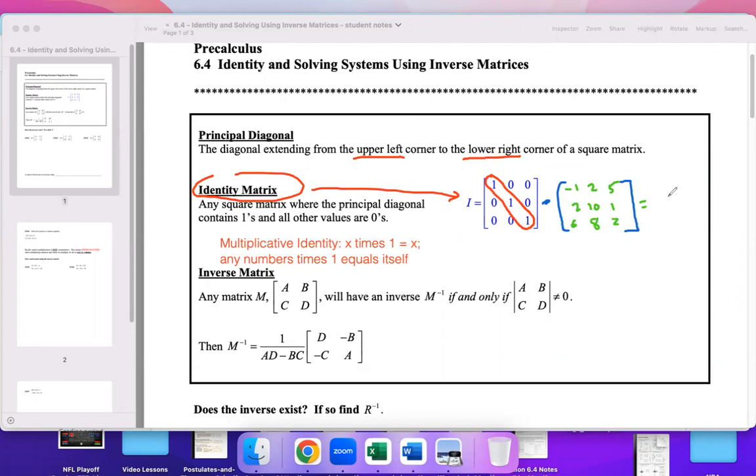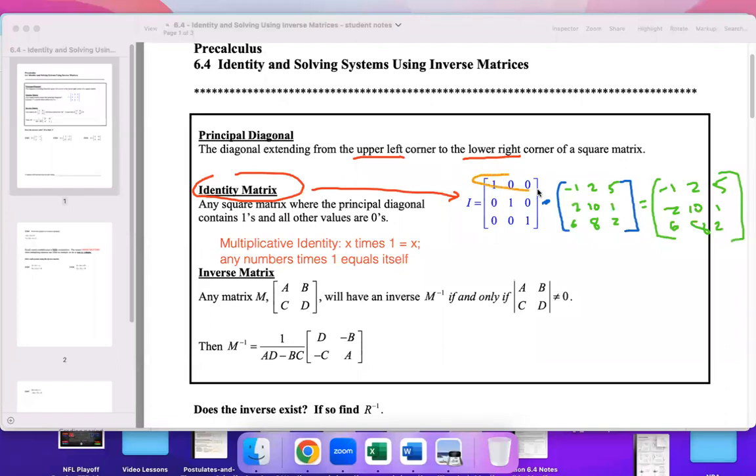But if I were to actually multiply this identity matrix with some random matrix that I just wrote, guess what it's going to equal? It's going to equal the same exact thing. And here's the reason why. Great question. And this is why I was so hell-bent on you guys knowing to multiply matrices today, because we need it for today's lesson.